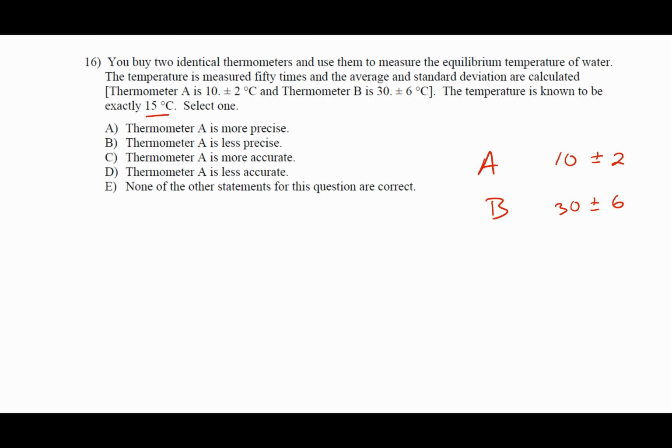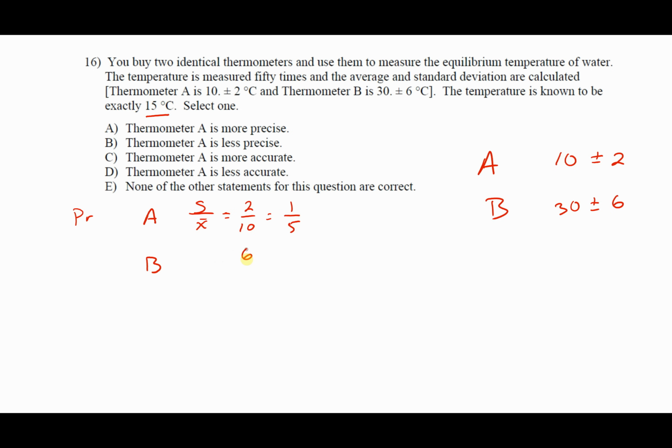Okay, so let's look at precision first. So let's calculate the precision of A. The precision of A is simply the standard deviation over the average, right? If you remember, it's simply S over X bar. So 2 over 10, which equals 1 over 5.